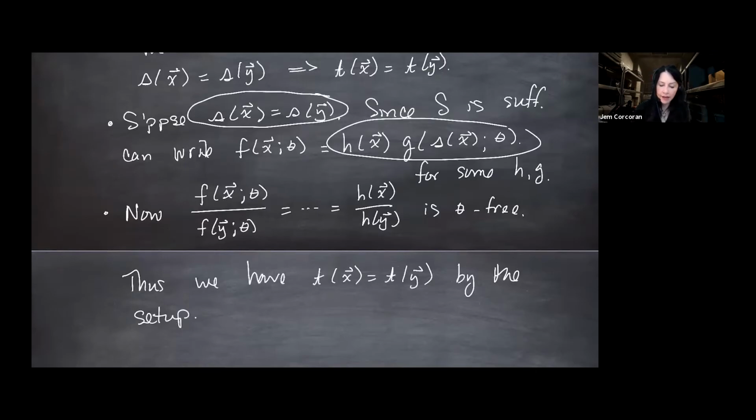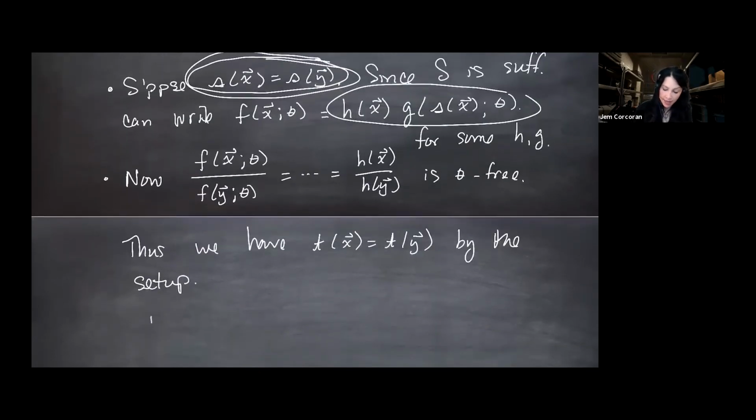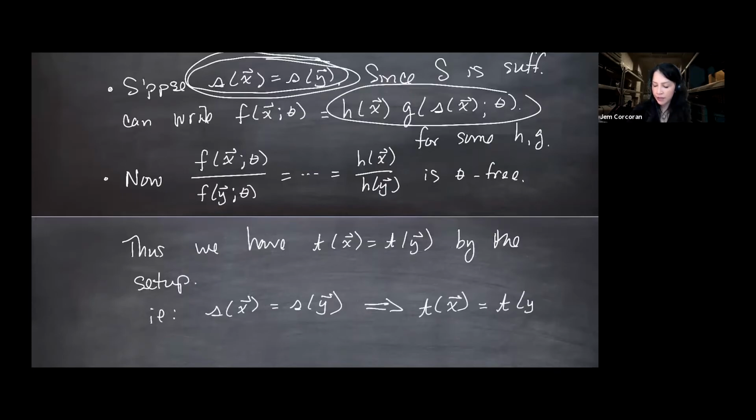And we got that from assuming that s of x is equal to s of little y, i.e. s of the vector x is equal to s of the vector y, gave us that t of the vector x is equal to t of the vector y. Yeah, we did use the other direction.